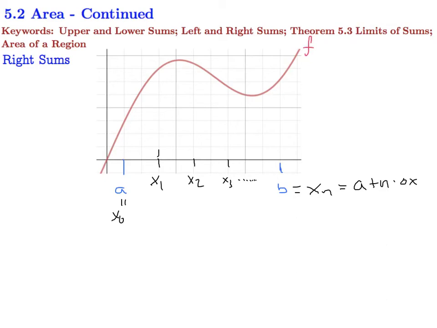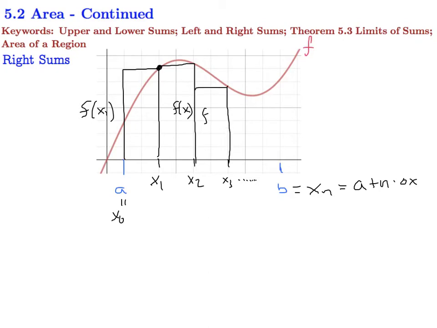The height of my first rectangle will be the value the function takes when I put x1 into it. So this height is f of x1. The second rectangle will have height f of x2. The third will have height f of x3, and so on.